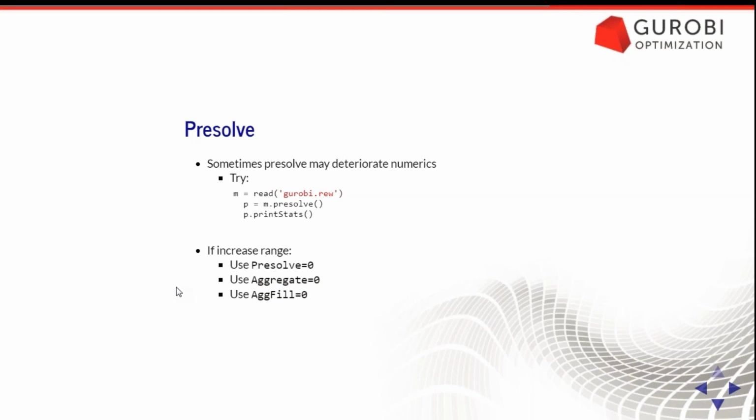So be careful. Or you can also disable the aggregation fill-in. Essentially, Gurobi will try to strengthen constraints, and sometimes while doing so, it may introduce kind of ugly coefficients. If that's the case, then you can try disabling this piece and see if that helps performance.